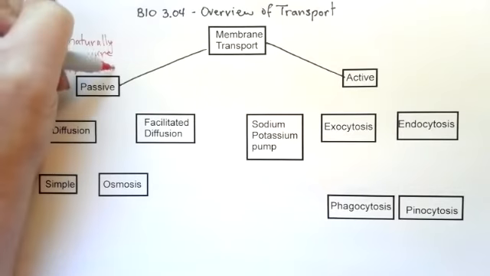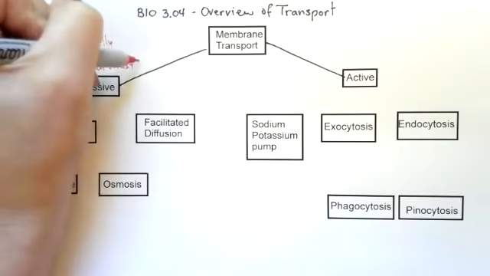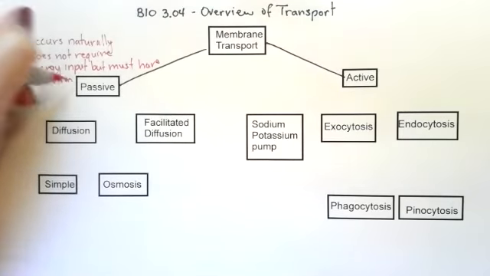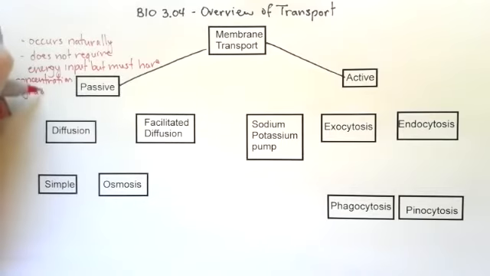But it must have a concentration gradient. If things become equal or if the concentration gradient stops or spreads out, this will stop. So you have to have a difference in concentration.